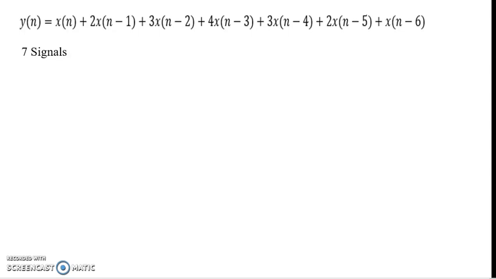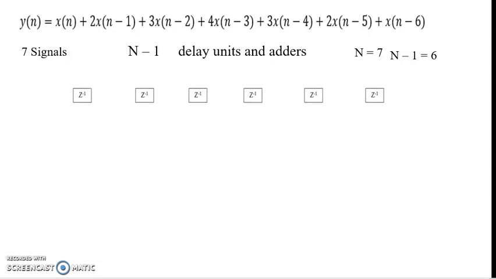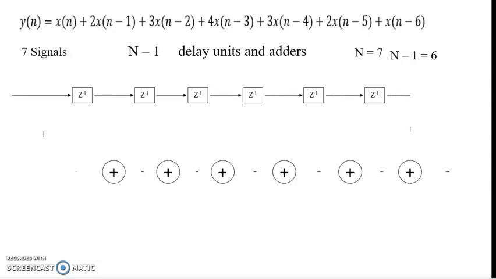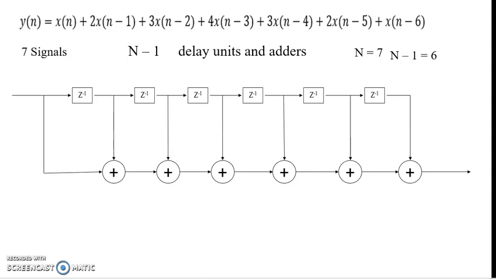To sketch the direct form, we need to insert N minus 1 delay units and adders. Let's see how to do it. As N equal to 7, insert N minus 1 equal to 6 delays and adders and connect them accordingly. And this is the answer of question 2a.